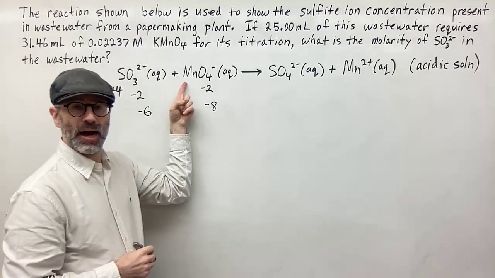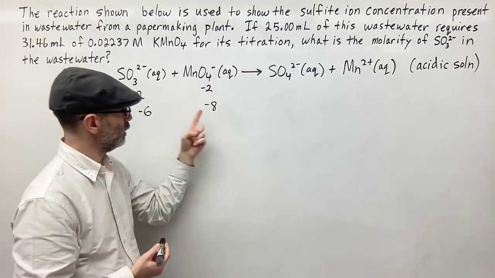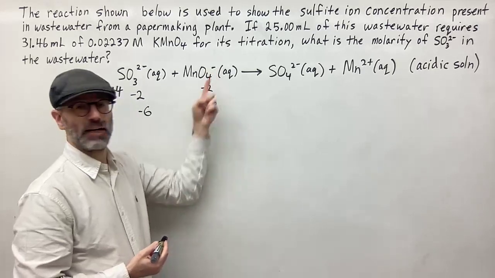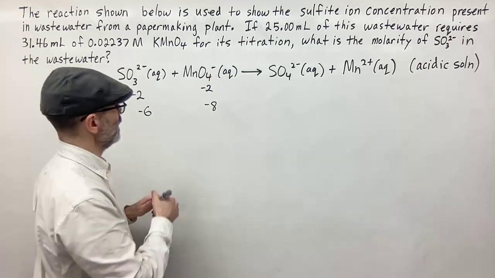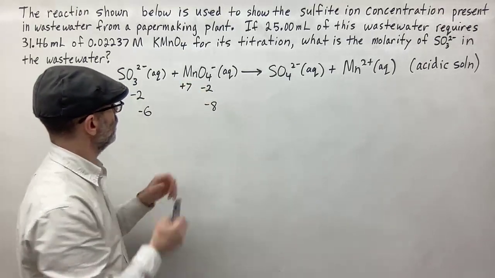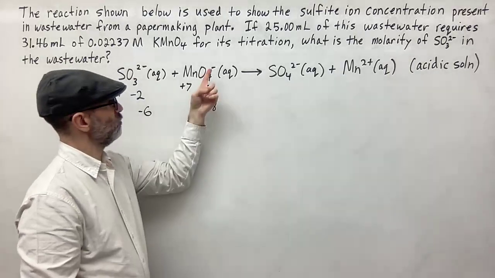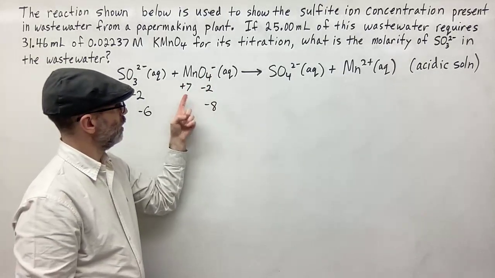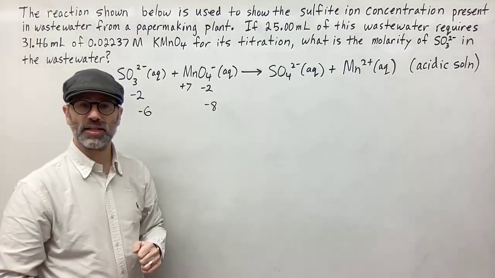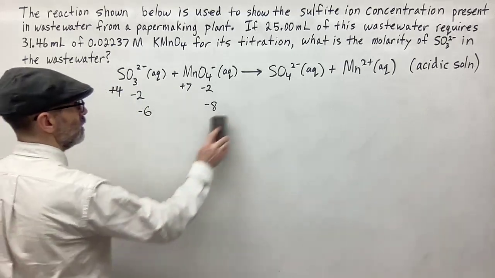So the oxidation state on the manganese has to be such that when I add it to -8, I get -1, right? So that means this has to be a +7, because +7 minus 8 gives me the -1. So now I have the oxidation states of manganese and oxygen. So I'm going to erase these.